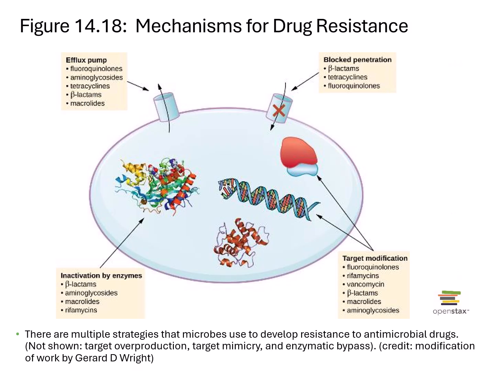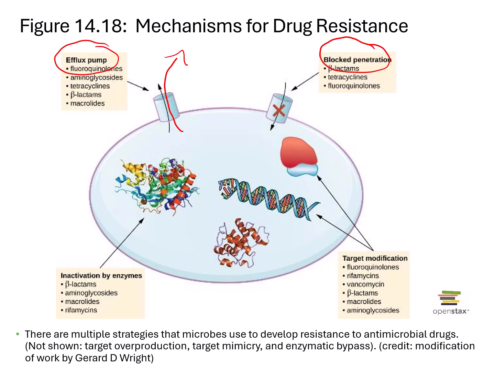This figure summarizes different mechanisms for drug resistance, how microbes resist the drugs that we try to use to kill them. So some microbes might have efflux pumps. These are pumps that do what they sound like. They are going to push the drug, such as the antibiotic, right out of the cell. We also have blocked penetration.